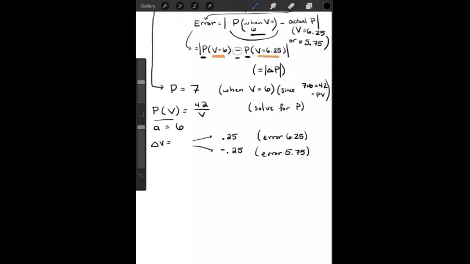So we notice that those are the same number, just one with a negative and one with a positive. The other thing we might notice are these absolute value bars that we drew.